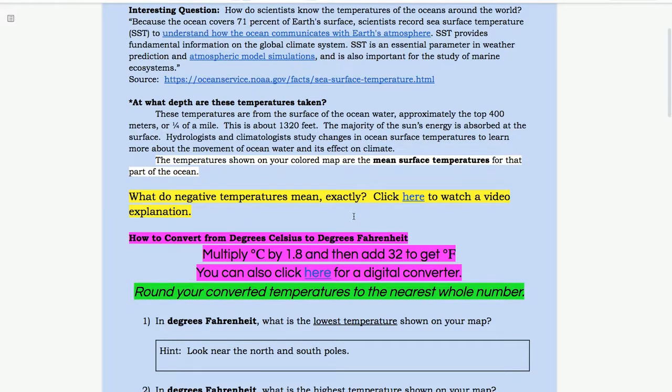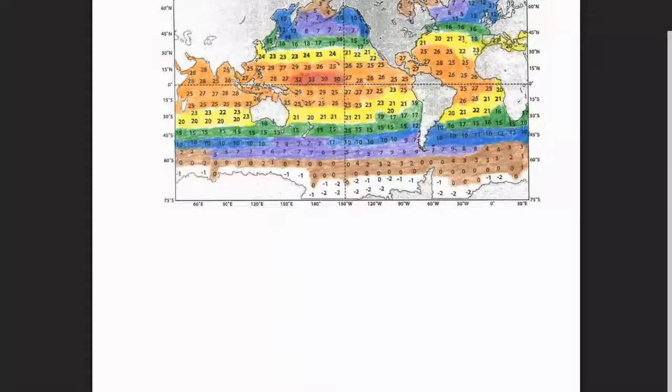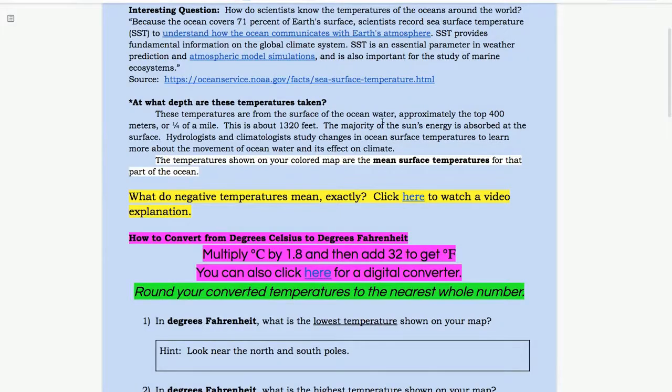Since we use degrees Fahrenheit so often in our speaking about the weather, we're going to repeatedly take these temperatures that are given in degrees Celsius and convert those temperatures to degrees Fahrenheit. And we have several ways that we can do that. We could work through this math formula.